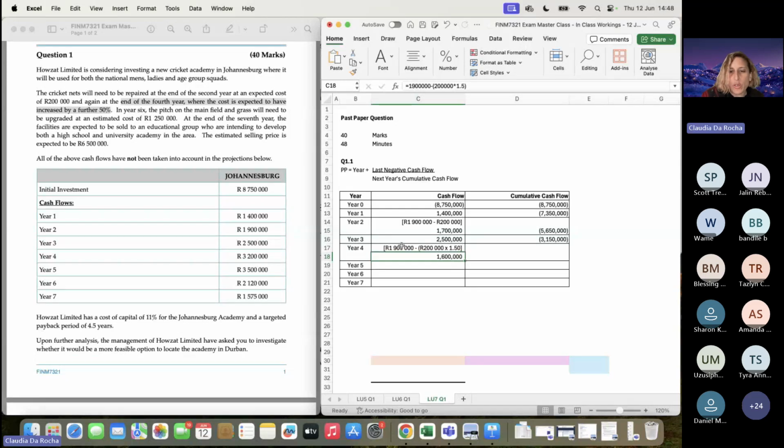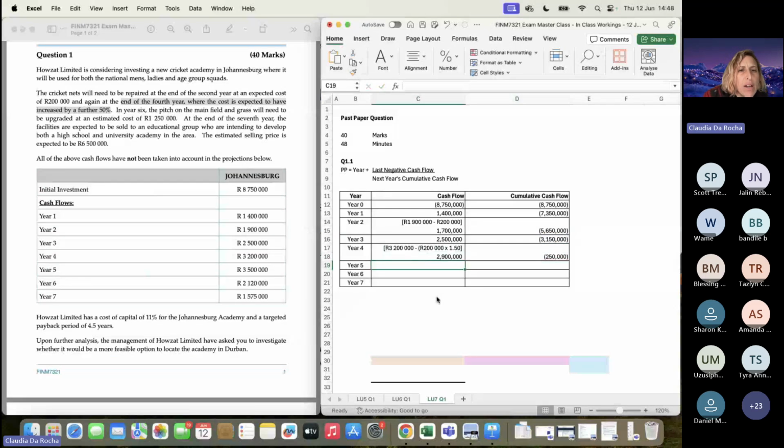Oops, I must make sure I use the right cash flow, because year four's cash flow is 3,200. Okay, much better. Then we accumulate the cash flows again.